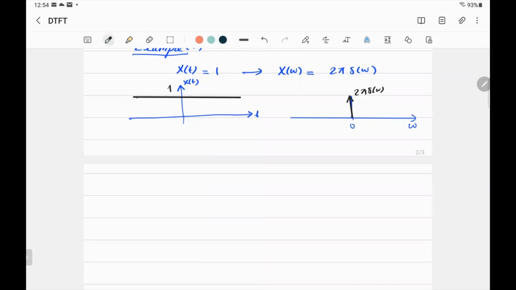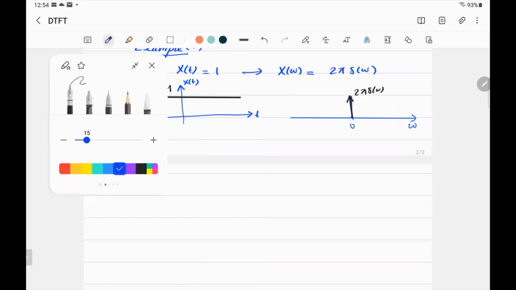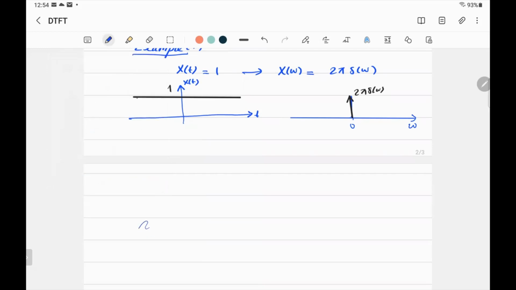So let's sketch the discrete. This axis is not going to be time anymore. It's going to be n, and I will have uniform. Let's say there's 0, 1, 2, 3, and so on, -1, -2, -3.